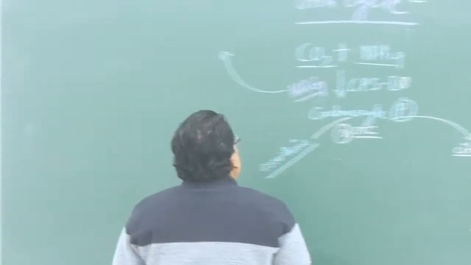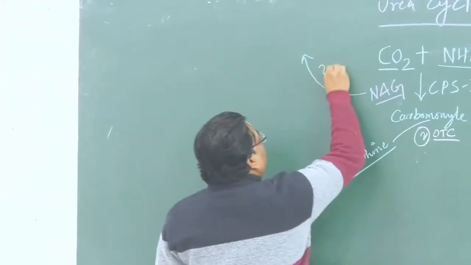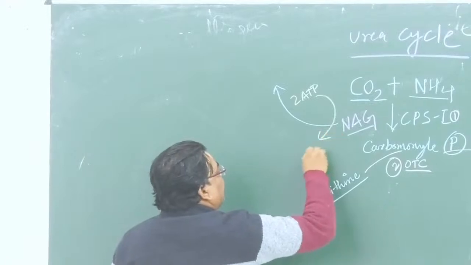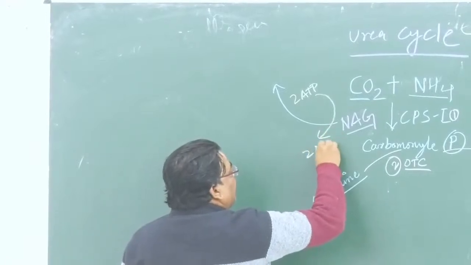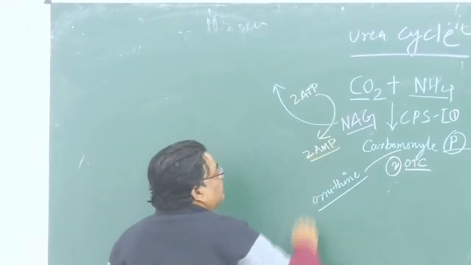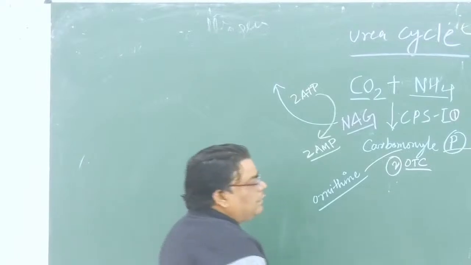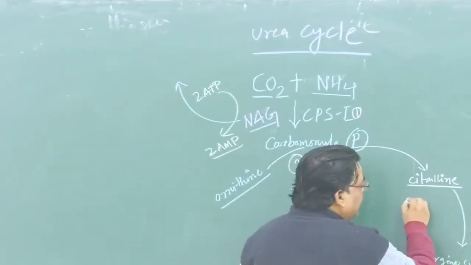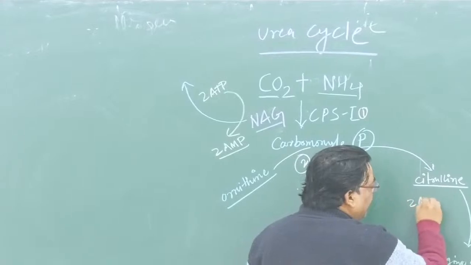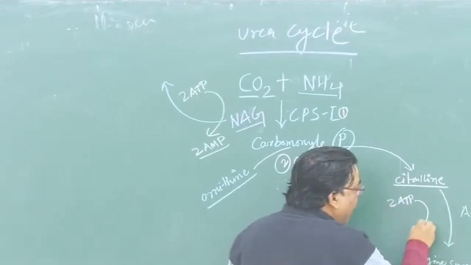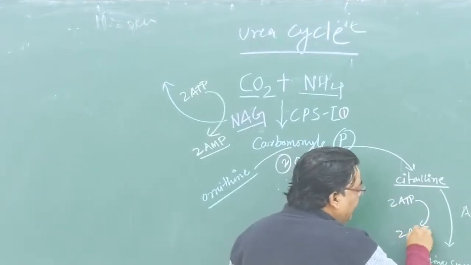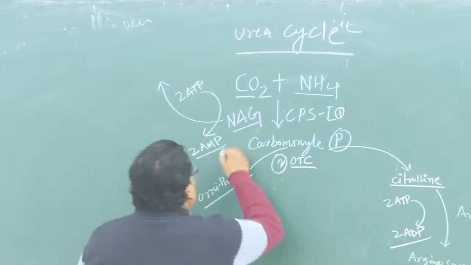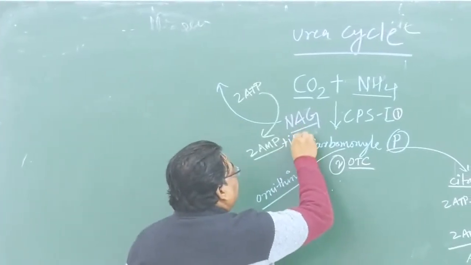There is a requirement of ATP. In the first step, 2 ATP are converted into 2 AMP, adenosine monophosphate. Similarly in this step, they also take 2 ATP, forming 2 ADP with inorganic phosphates.